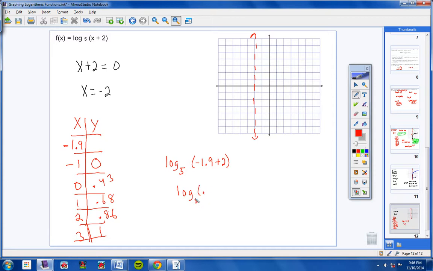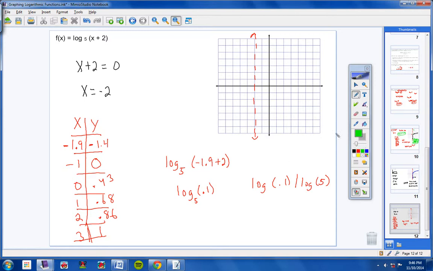Well, your calculator doesn't do base 5, so you have to type in your calculator log of the argument, 0.1, then divided by log of the base. Like that. Now if you type that in correctly, you will get log of 0.1 divided by log of 5. Enter, you will get negative 1.4. There we go. So we're all set.